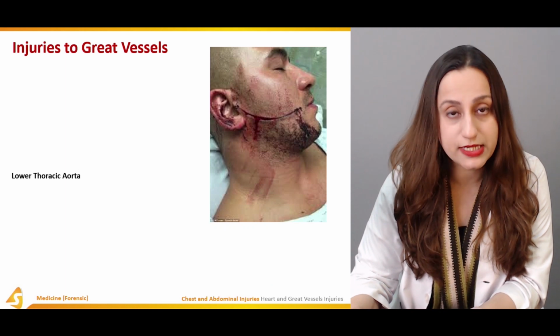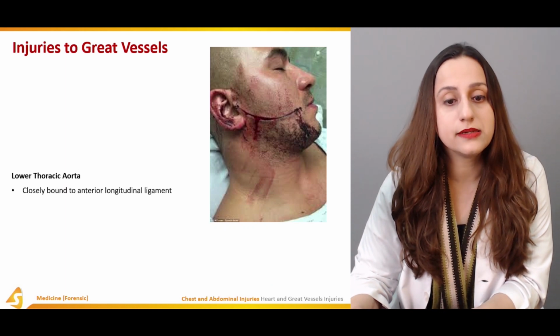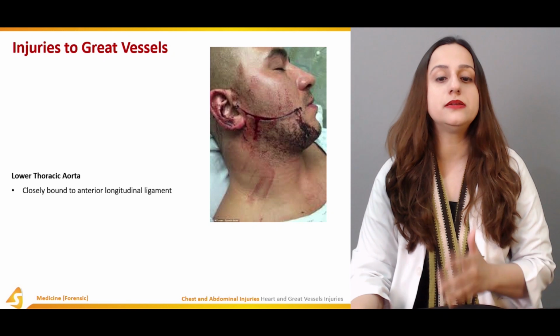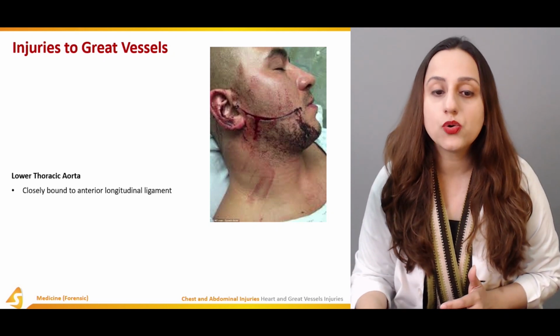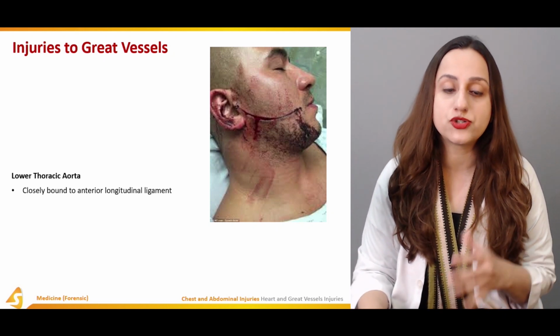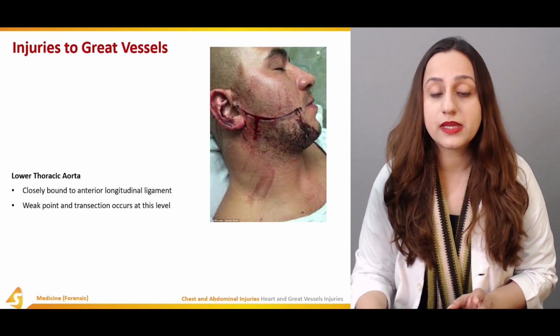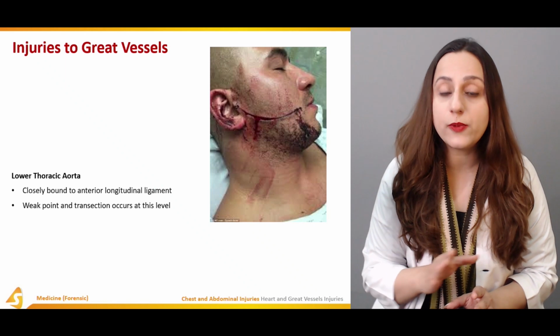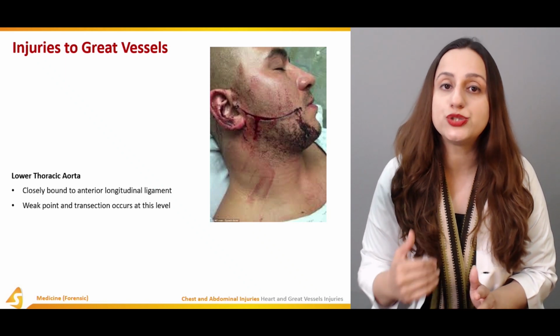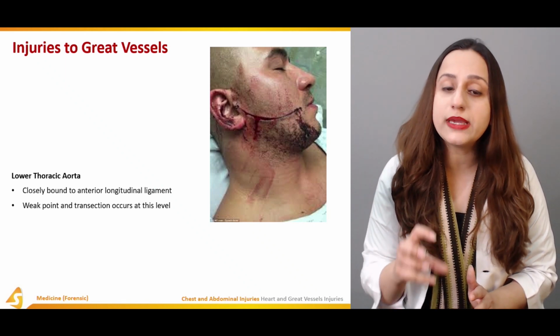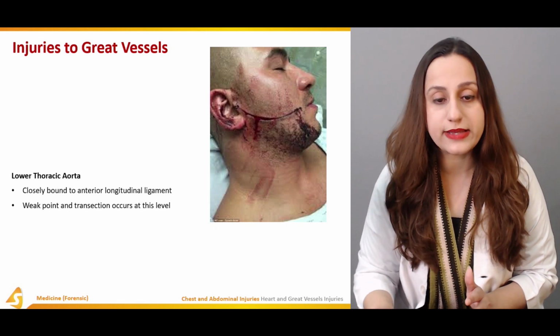Now, the lower thoracic aorta is very vulnerable, and it is closely bound to the anterior longitudinal ligament. So this is basically the structure. The weak point and the transection occurs at this level. At this level, when it is closely bound to the anterior longitudinal ligament, this is the weakest point for the lower thoracic aorta.